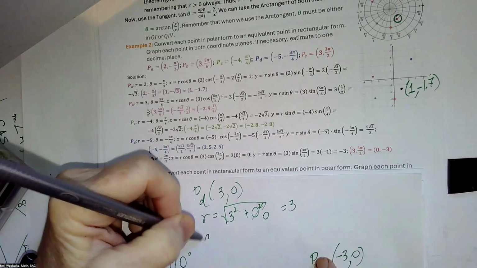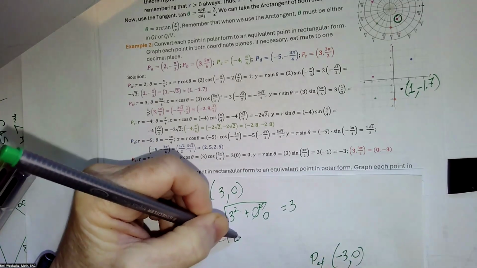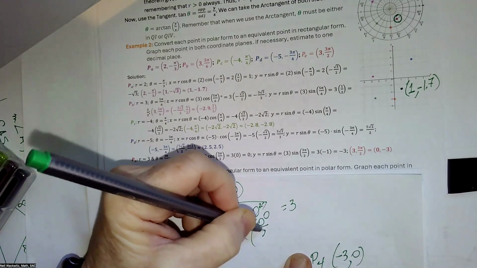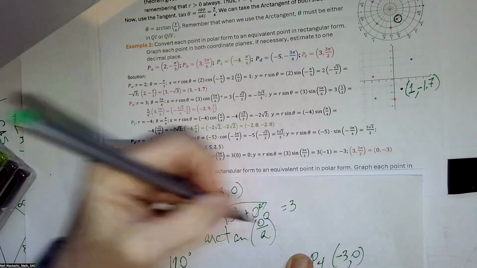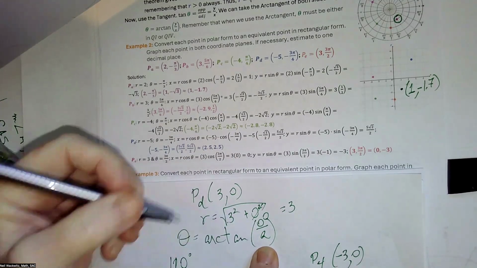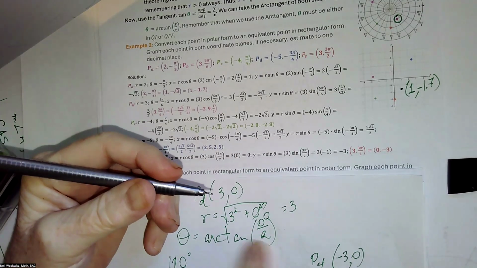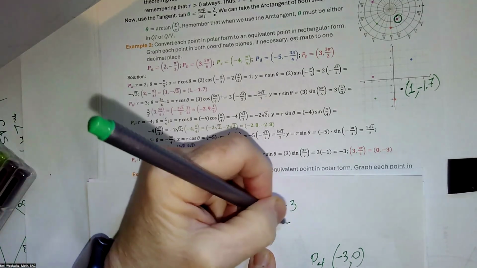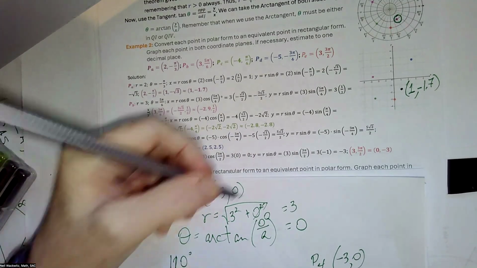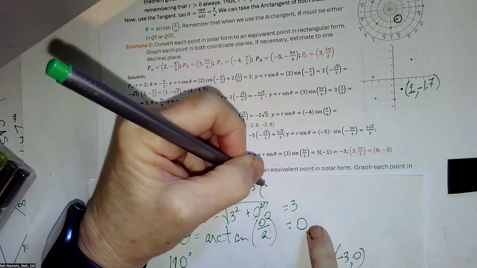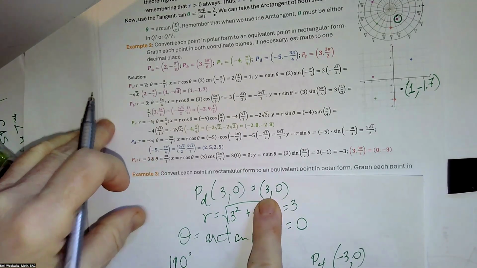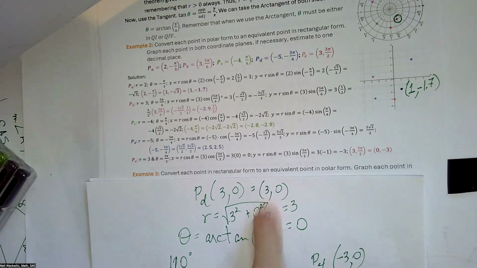Also, the arctan of B over A will give us theta. Well, 0 divided by any non-zero is 0. Arctan of 0 is 0. So its polar representation is also 3, 0. An angle of 0, and we go out the polar axis 3 units.